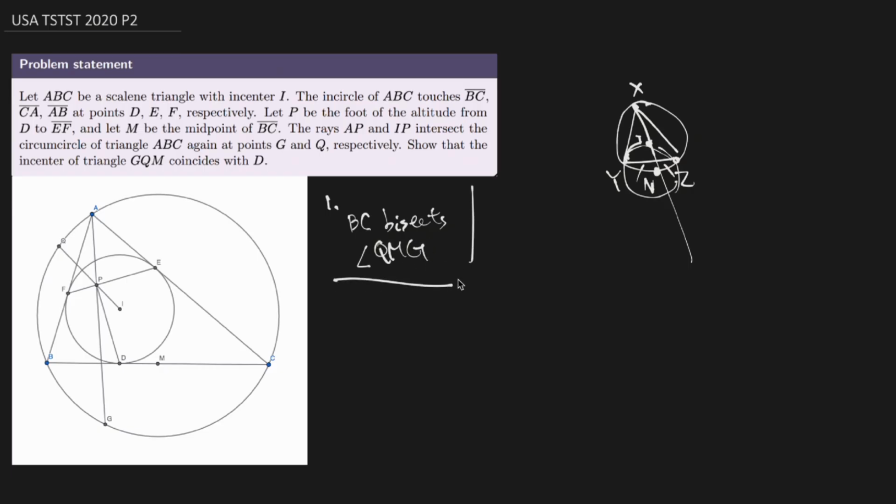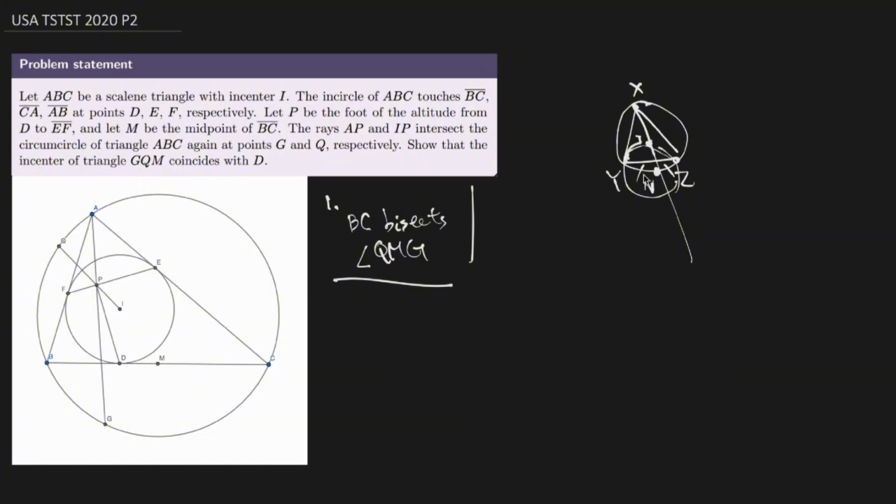Okay, that's our first step. And our second step is related to the circle. So we claim that this is equivalent to showing that the circumcircle, or the circumcenter, of triangle QDG lies on the angle bisector, which here is just the line BC.